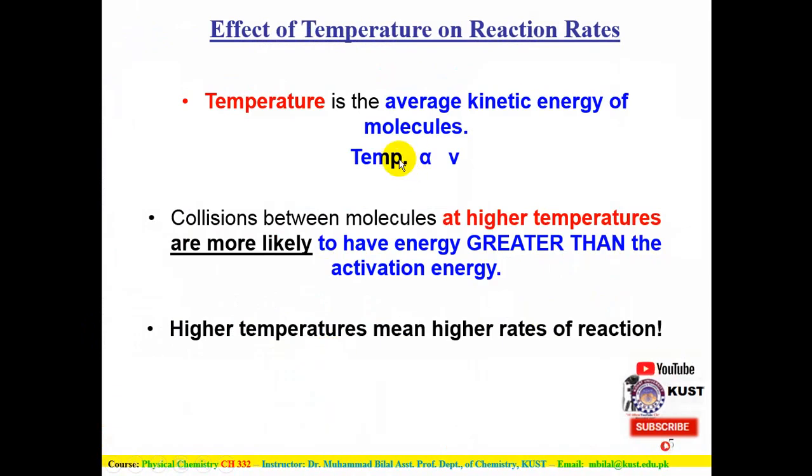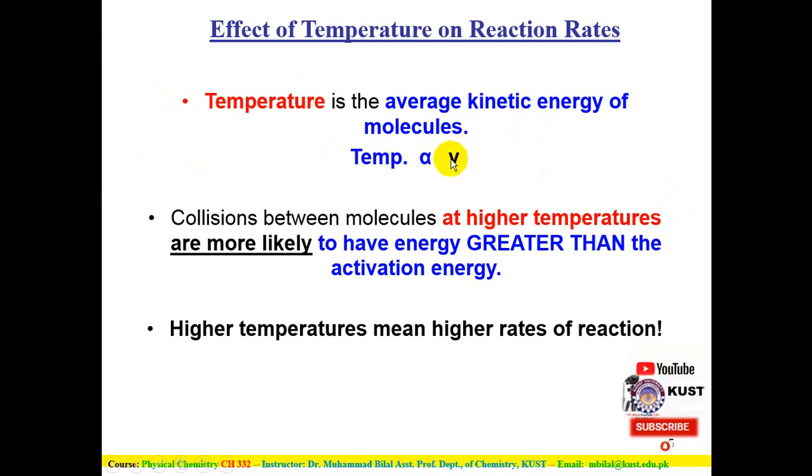So we discussed that temperature affects the reaction rate. Now we will explain this in two ways: directly from the experimental result, and by the Arrhenius equation. As we know, temperature is the average kinetic energy of molecules, and average kinetic energy is equal to 1/2 mv².